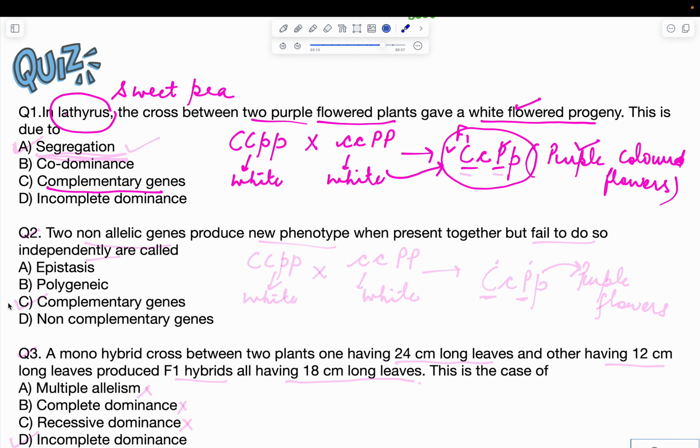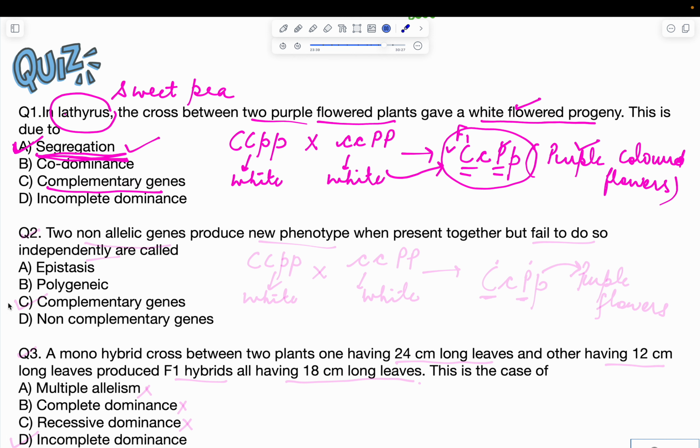This is because during gamete formation, alleles, whether allelic or non-allelic, segregate independently of each other. They follow the rule of segregation, right? Chromosomes or genes or alleles follow the rule of segregation during cell division. So this is possible due to this phenomenon. So the answer is segregation.